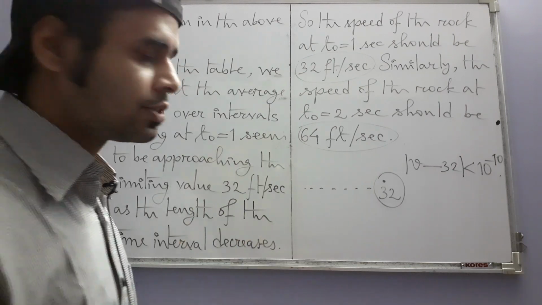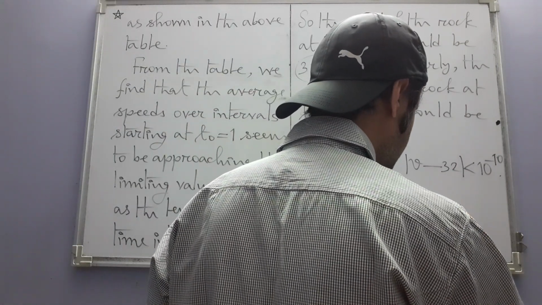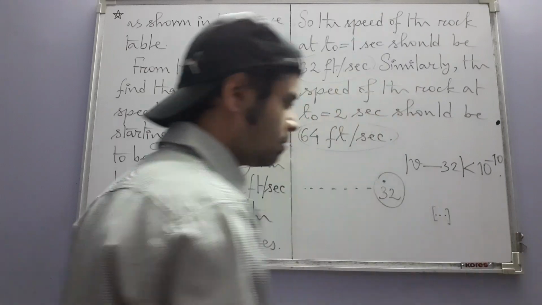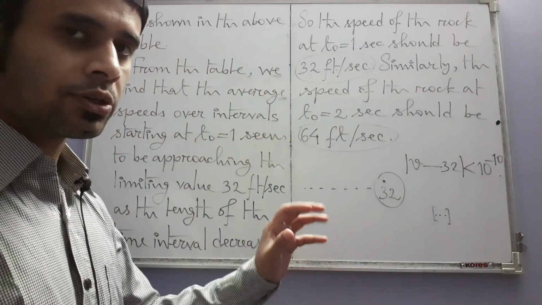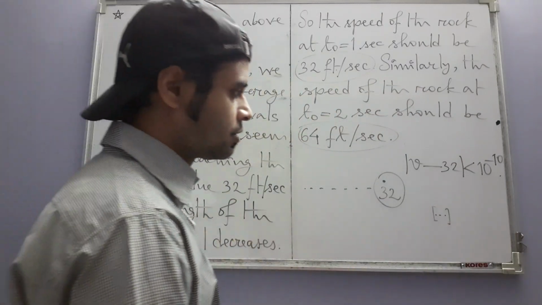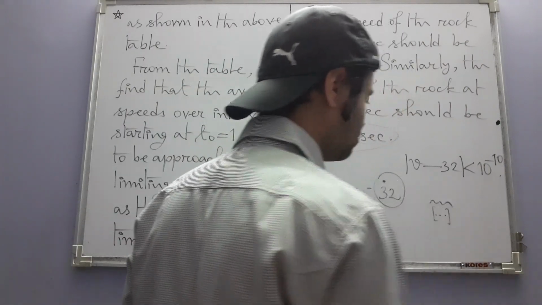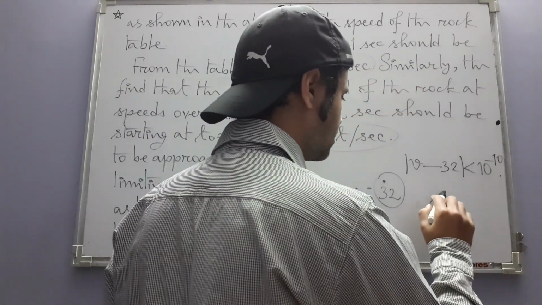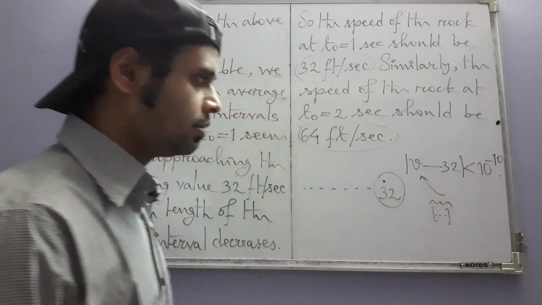Someone says yes, that is possible, because there exists such an interval which also has very small length, so that over this interval, if you calculate average speed, then that satisfies this inequality.